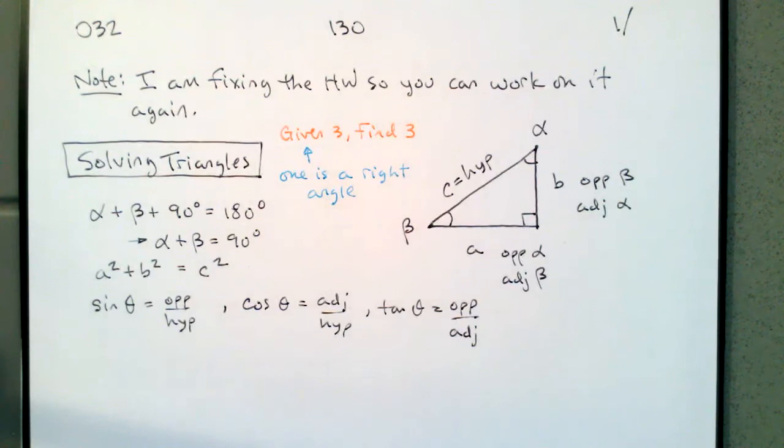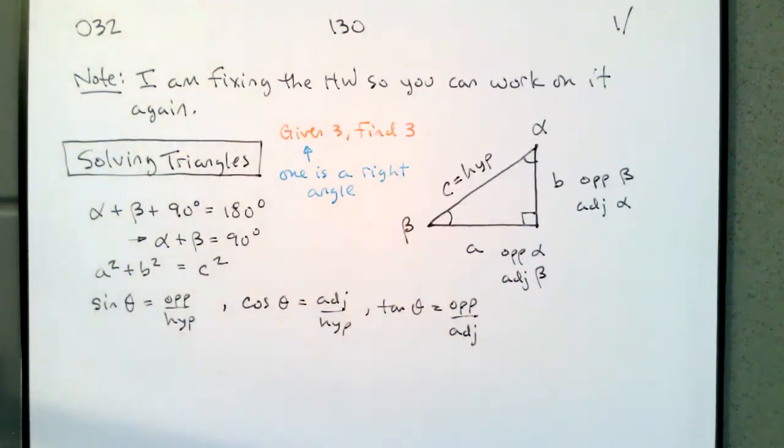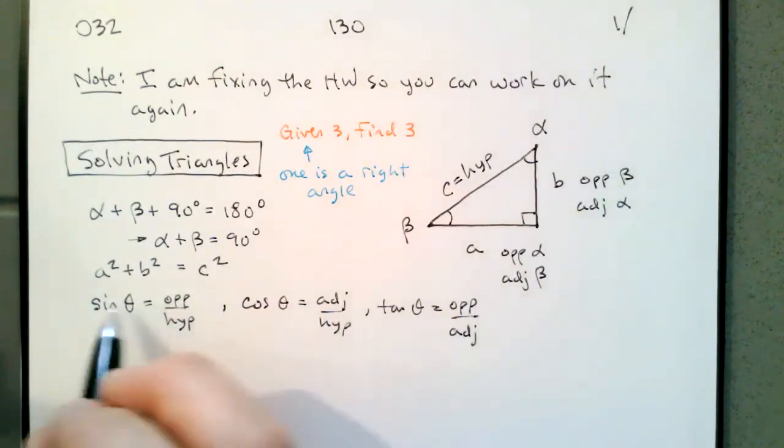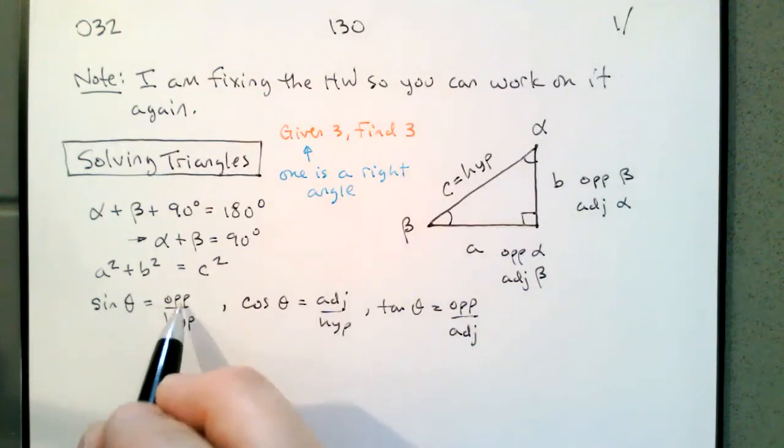So when I write sine of theta is opposite over hypotenuse, notice that there are 3 things that we could be looking at: theta, opposite, and hypotenuse. To use any of these 3 trig functions, I need to know 2 of those things. If I know 2 of the sides, then I can use an inverse trig function to find the angle. I can take sine of theta and solve it for the opposite.